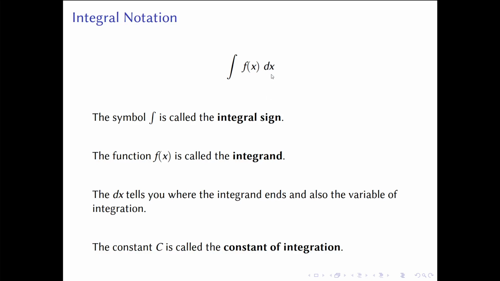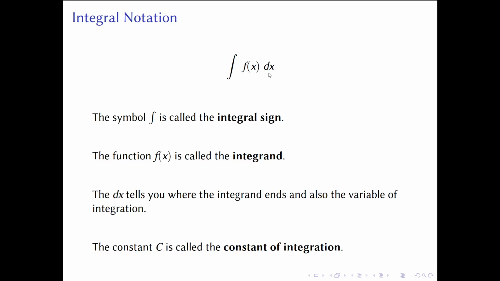It could be confusing. This dx also tells you what's called the variable of integration. And you might say, well, it's obviously x because x is the only variable here, so why do you need the x here? But if you go into say Cal 3, if you have to take that class, you'll see functions in there with several variables, and you'll be integrating with respect to the different variables.